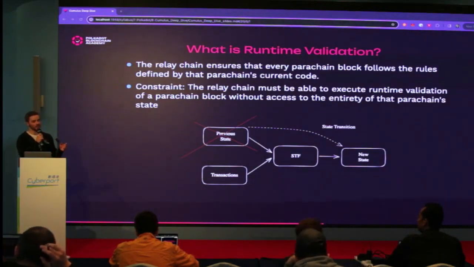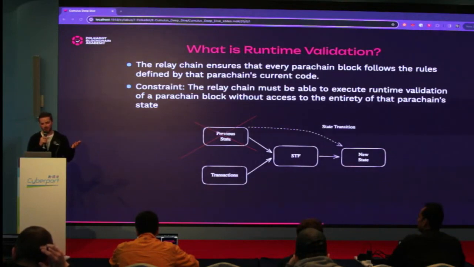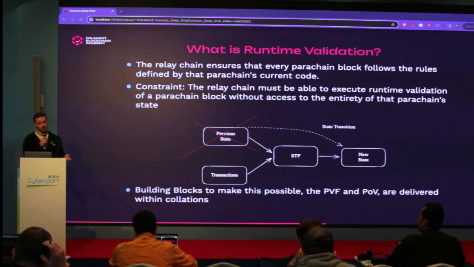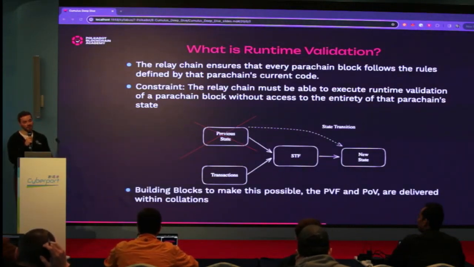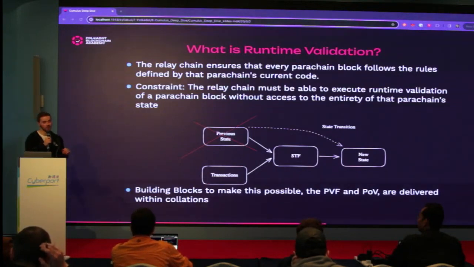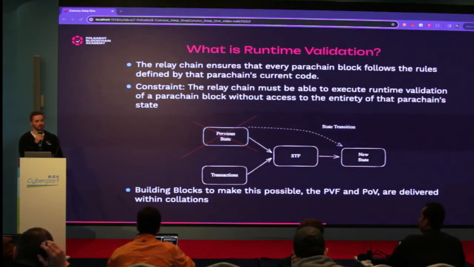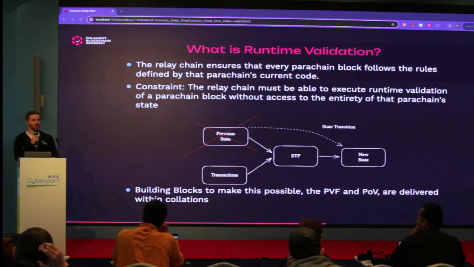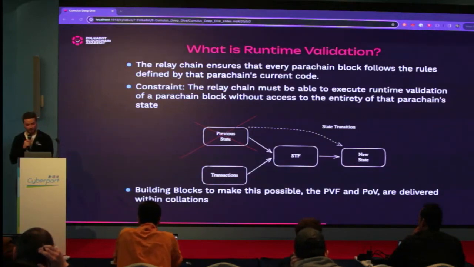The parachain state is really big, and we can't just send it around everywhere, so it's not available on the relay chain. So how do we get around this issue? It's made possible using a couple building blocks. These are the parachain validation function and the proof of validity, which are delivered within collations. And we're shortly going to get into just what the proof of validity contains and how it enables this validation.